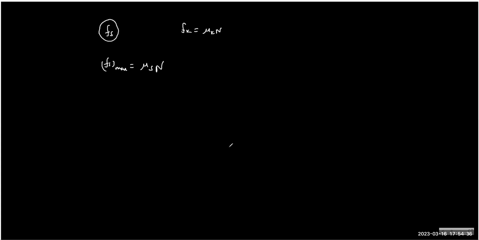To solve any question of critical value, you can always replace Fs by Fs max and solve for it. So that is the whole idea of static friction. The third concept about friction is the angle of friction.